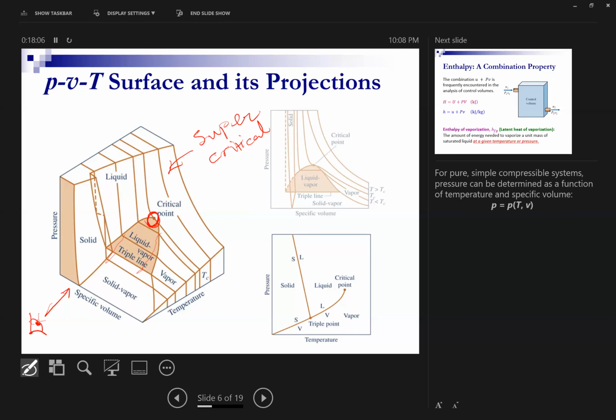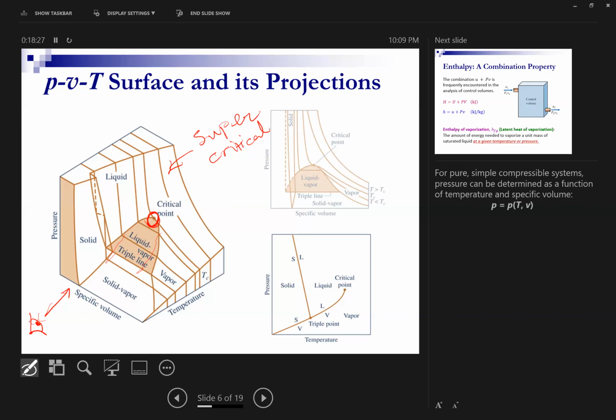All right, one important graph that we can draw using this surface is the PT diagram, or pressure-temperature diagram. To draw the pressure-temperature diagram, we need to focus on the side projection of this graph, right?